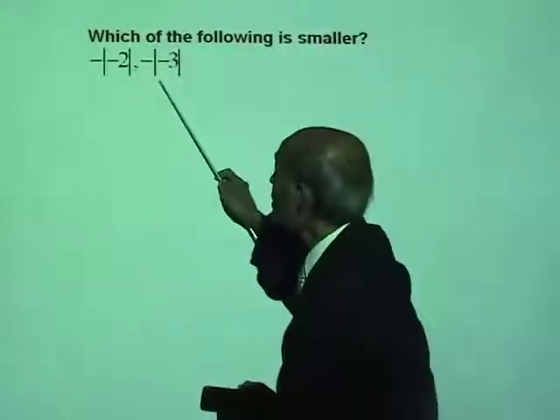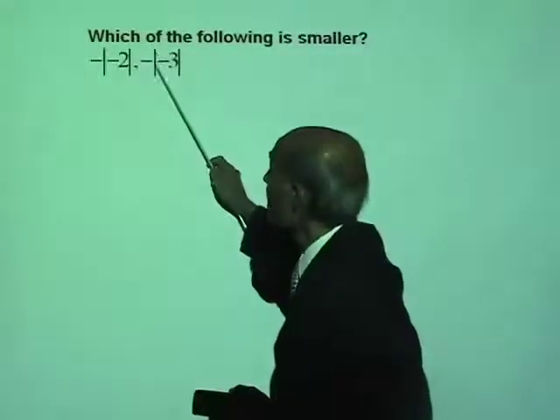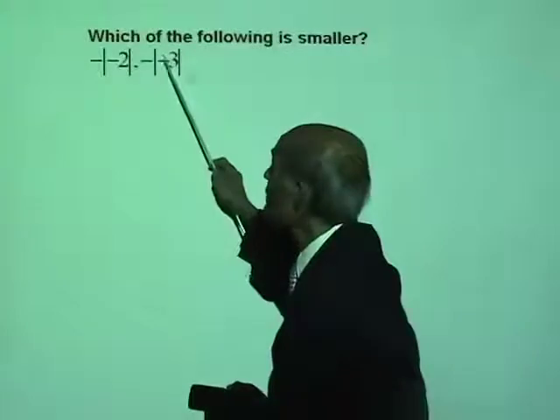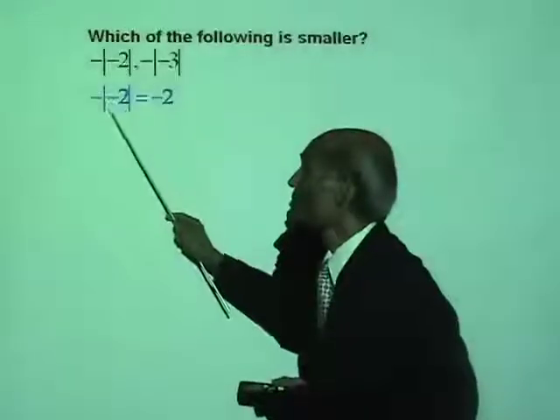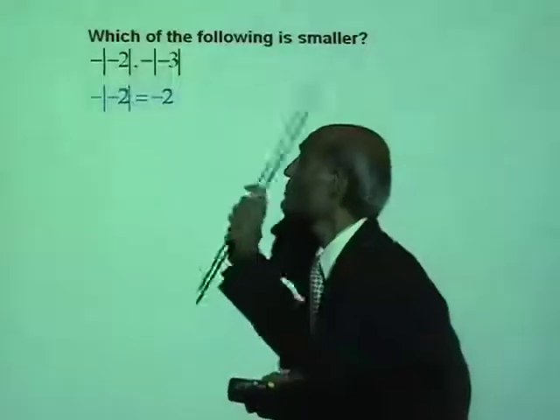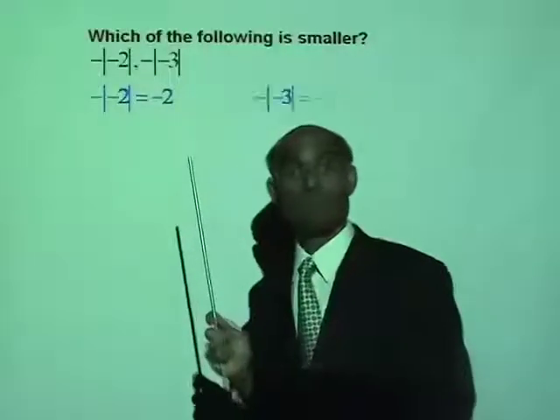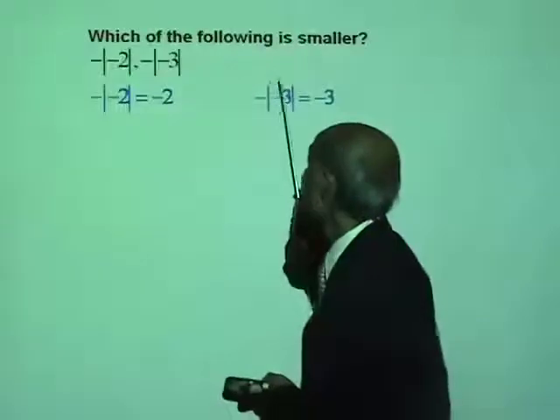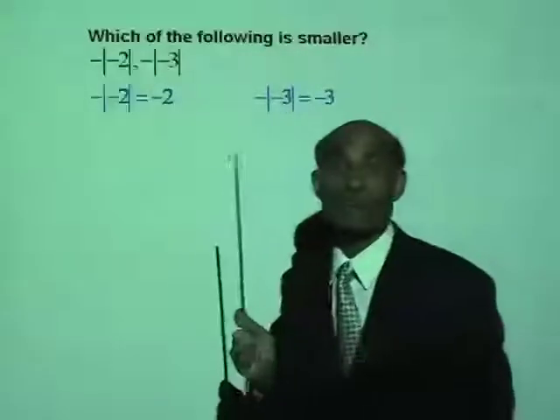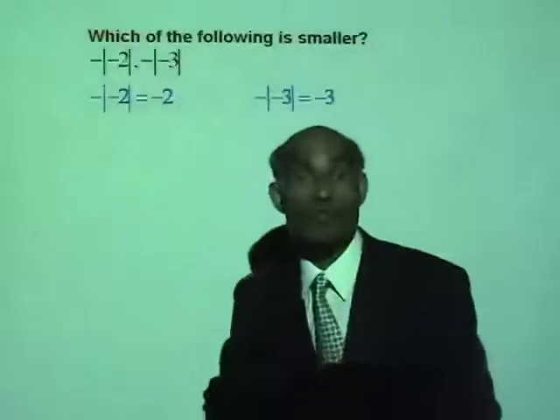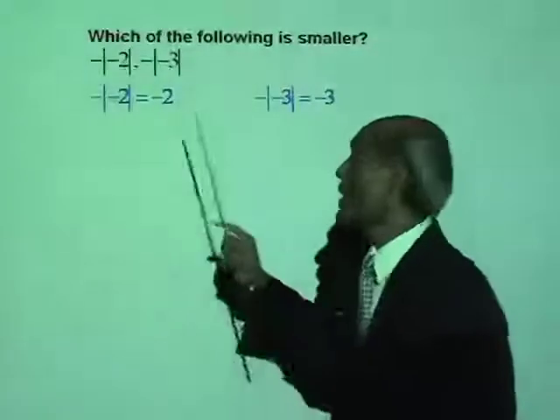Alright, this is positive 3. And using the negative, it becomes negative 3. Negative absolute value of negative 2 is negative 2. Similarly, negative absolute value of negative 3 is negative 3. Now the question is, which of them is smaller?